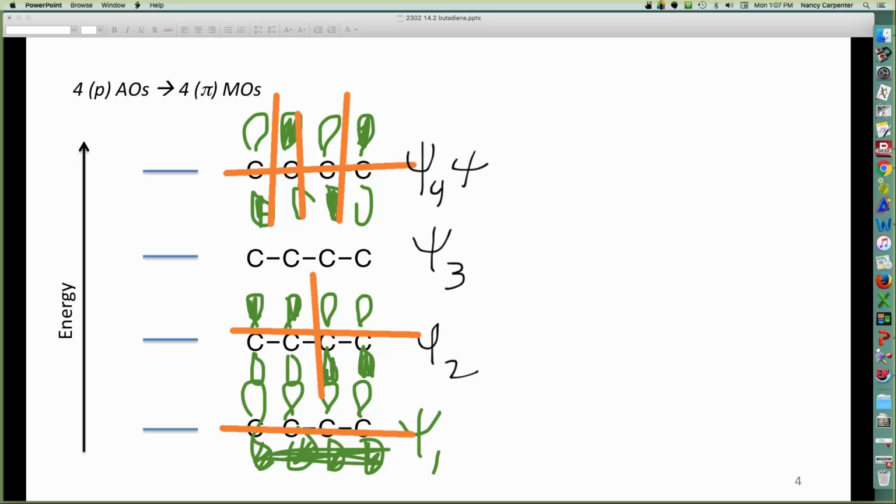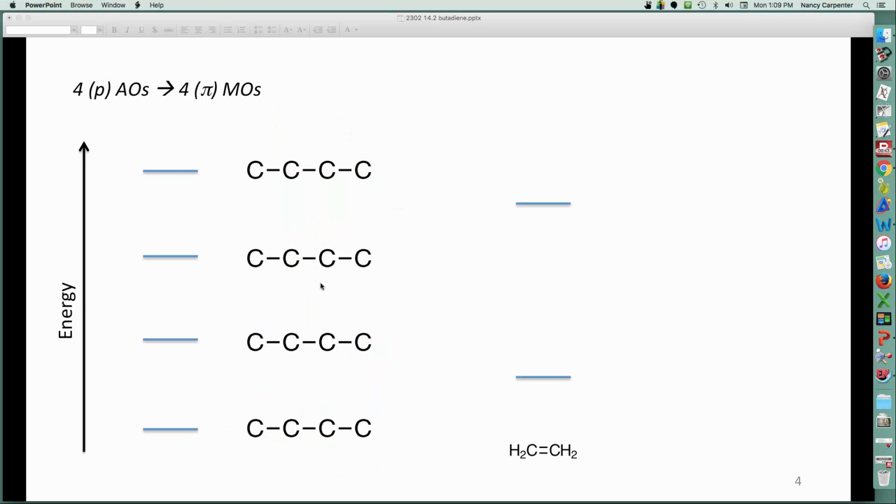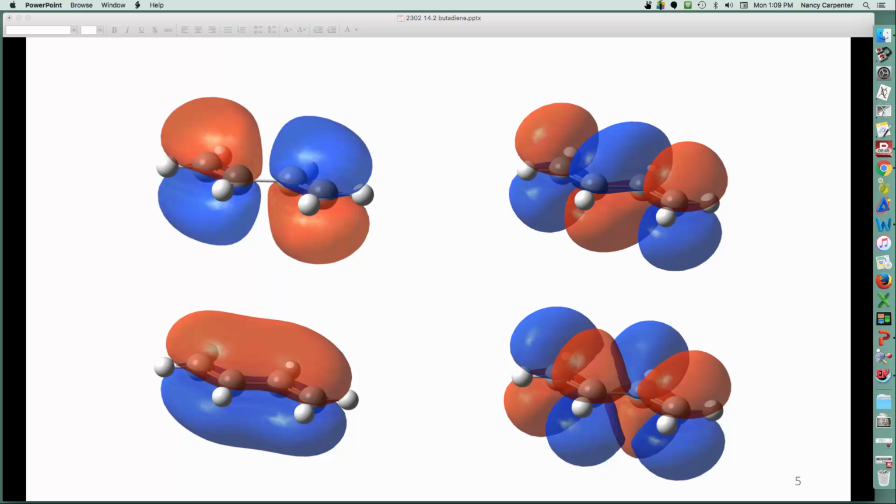And remember, we have to stay symmetric, so for psi3 we could have these two overlap. So I do have the ability for these guys to overlap in the middle, but then otherwise I have 3 nodes. It's kind of a messy drawing, so why don't we look at the real deal. What does Gaussian say these look like? I'm going to skip ahead here.